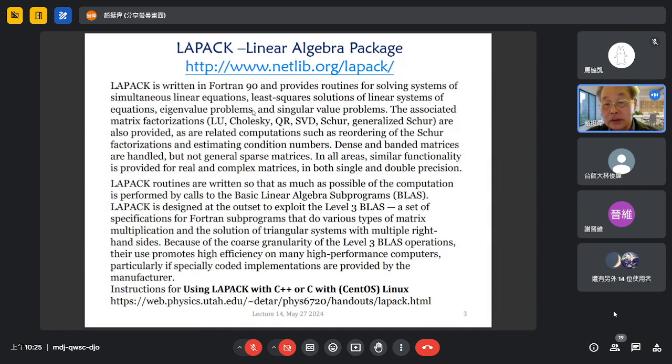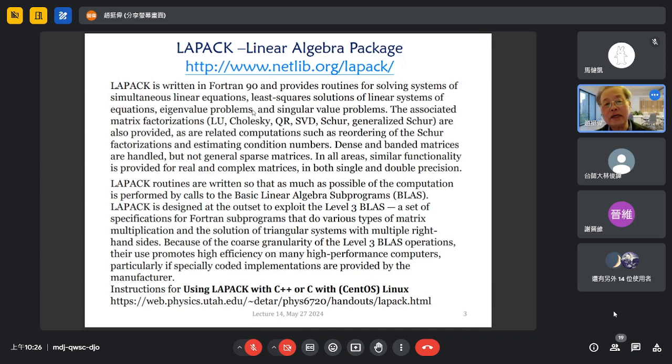In that case, instead of the matrix A, you solve A transpose A, and the solution is called the least squares solution of a linear system. LAPACK also handles eigenproblems and the singular value decomposition.